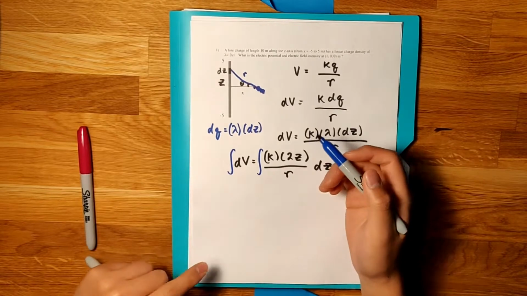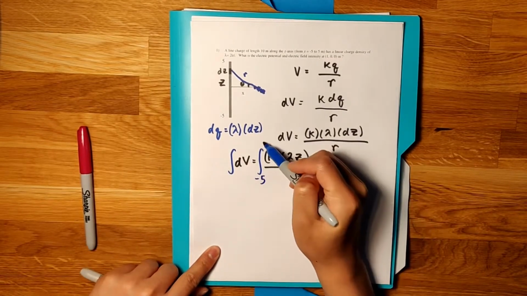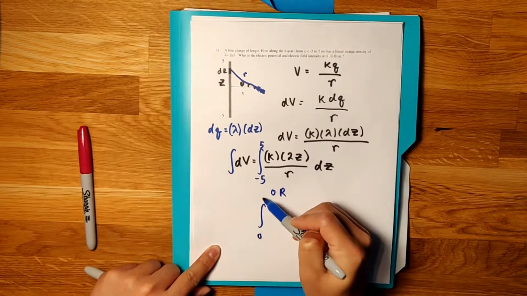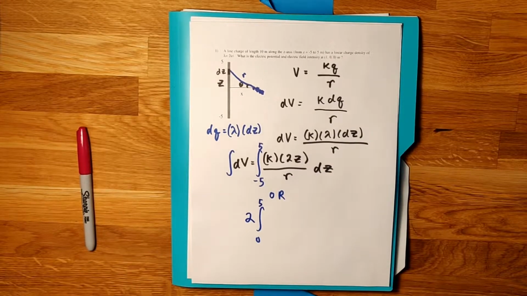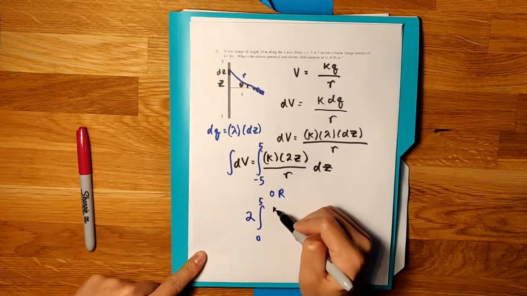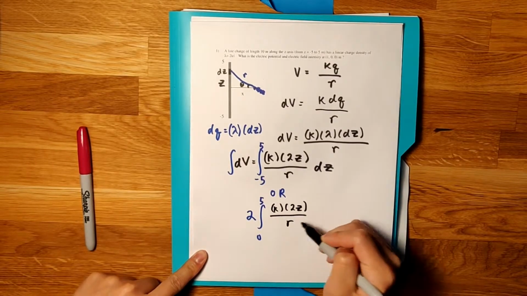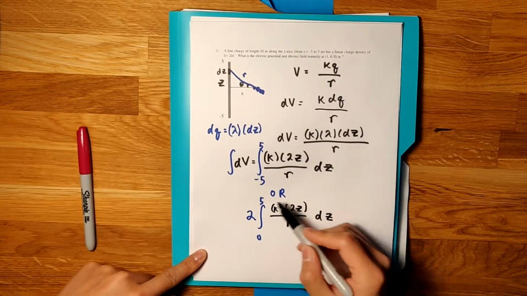So when you write that down, you can either do from -5 to 5, or 0 to 5 times 2, and the same integral. I will just choose this method today.